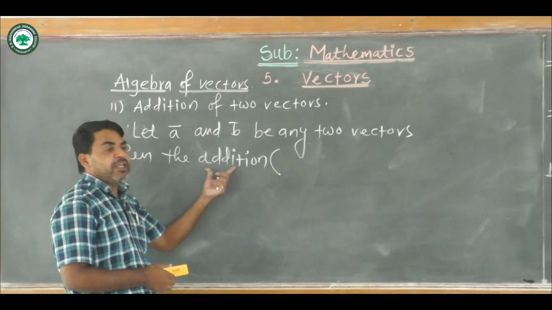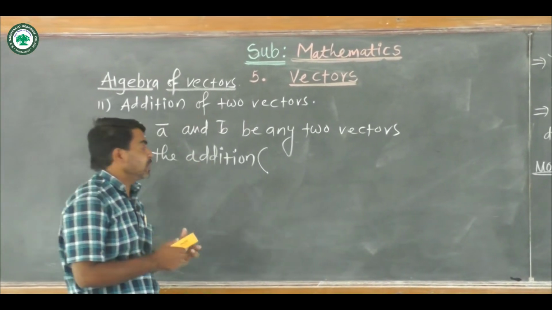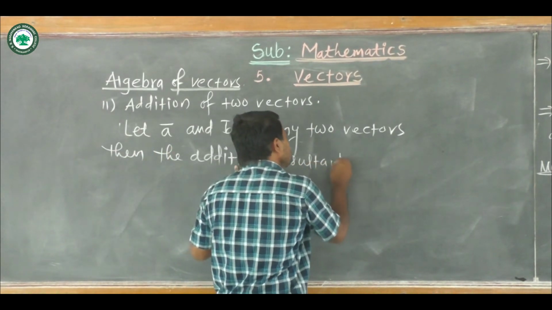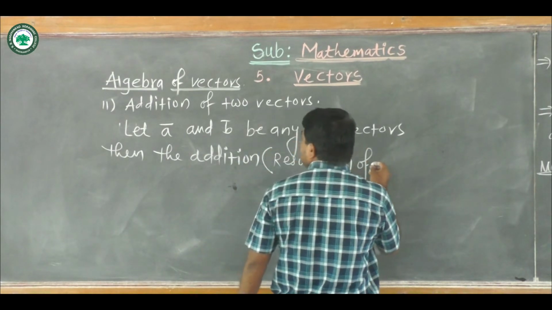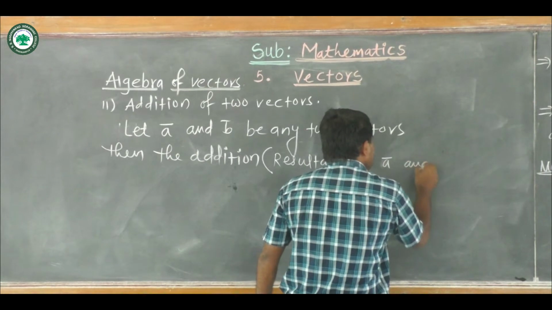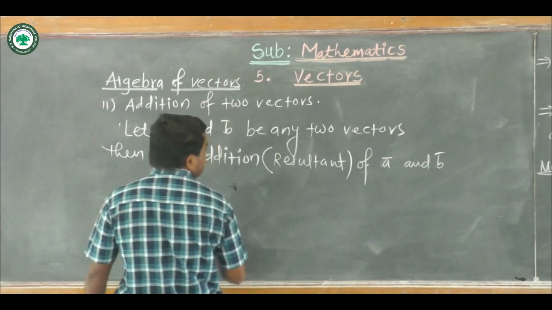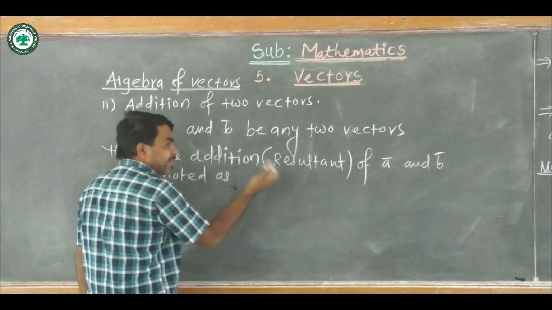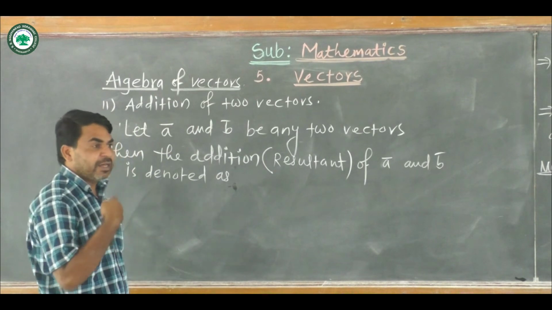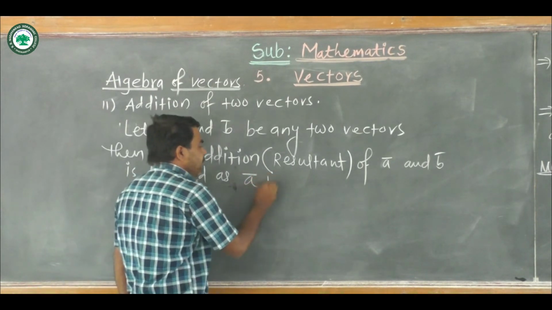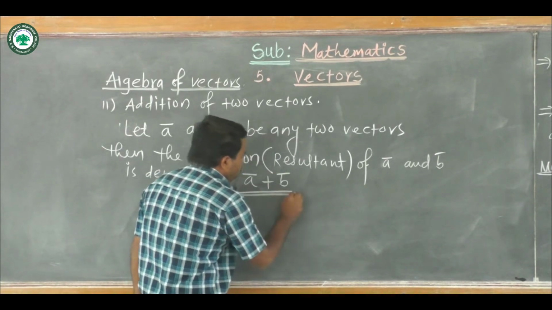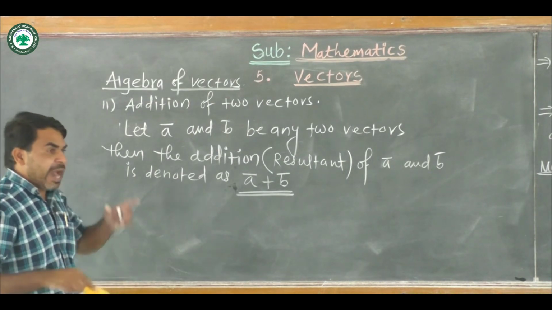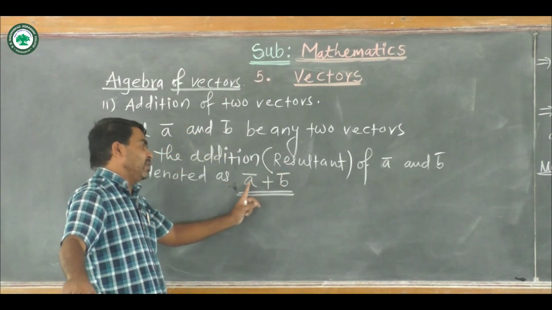Then the addition (resultant) of a bar and b bar is denoted as, or is written as a bar plus b bar. So if we have two vectors a bar and b bar, then their addition or their resultant is a bar plus b bar.